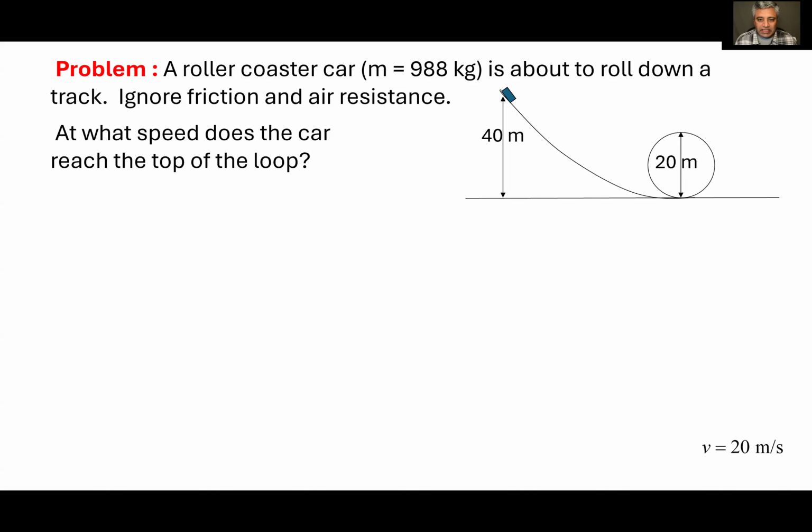So last class we started talking about conservation of energy, which is one of the basic physics we are learning in this semester. The other two were kinematic equations and laws of motion.